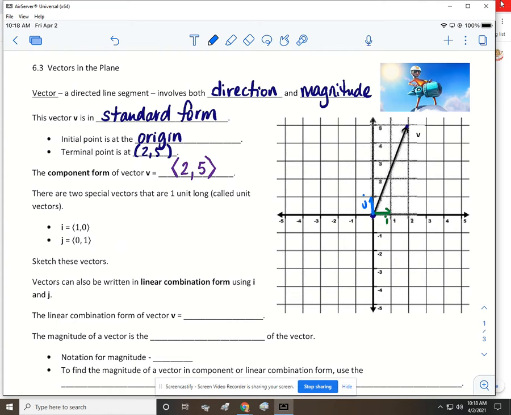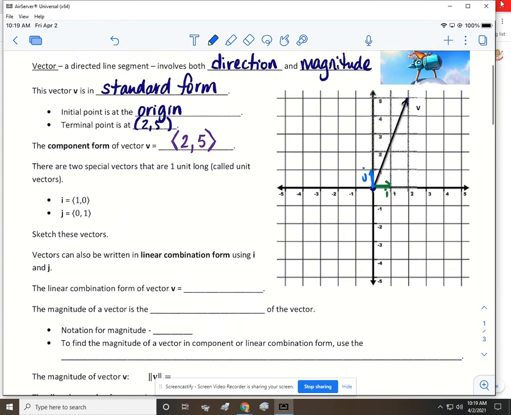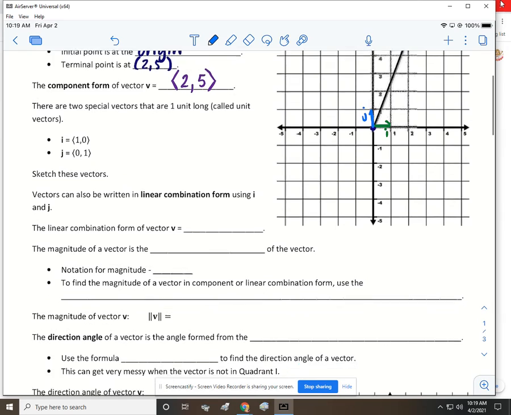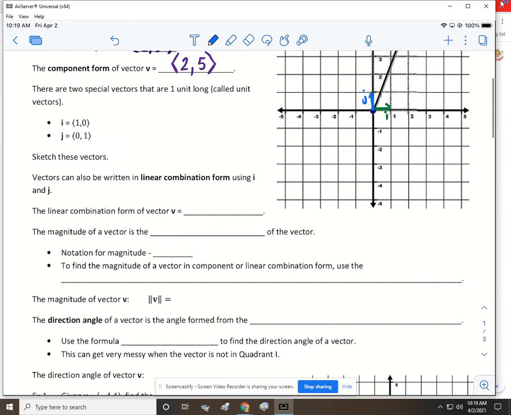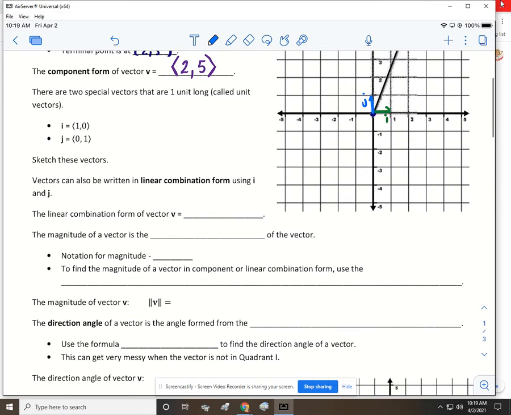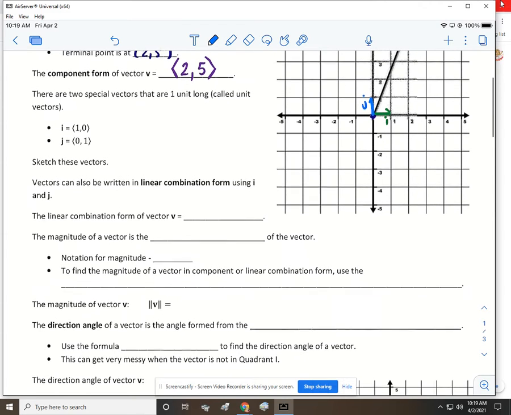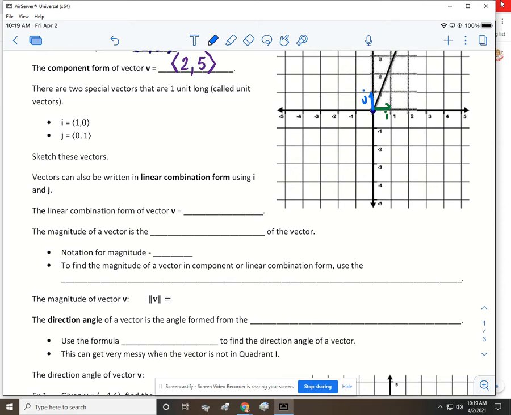Right? And then a lot of times you'll see vectors written in what's called linear combination form, and they use i and j. So if I took that vector v that we've been working with this whole time, that has the components <2, 5>, and wrote it in linear combination form, it would be 2i + 5j.